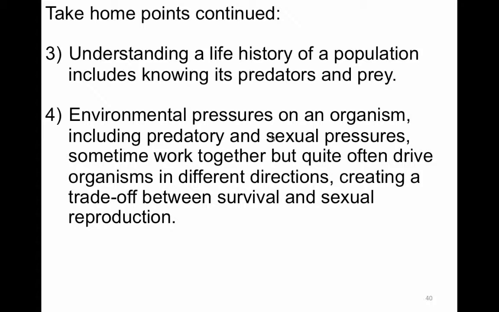Take-home points continue. 3. Understanding a life history of a population includes knowing its predators and prey. Environmental pressures on an organism, including predatory and sexual pressures, sometimes work together, but quite often drive organisms in different directions, creating a trade-off between survival and sexual reproduction.